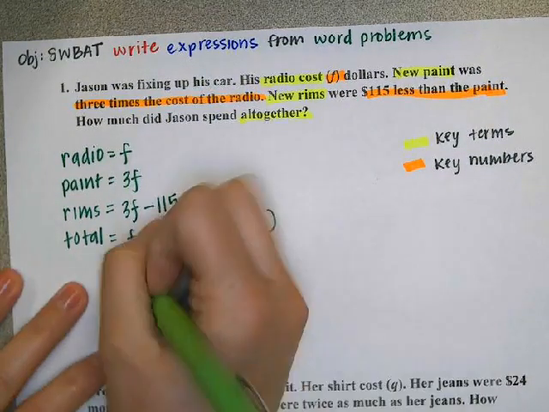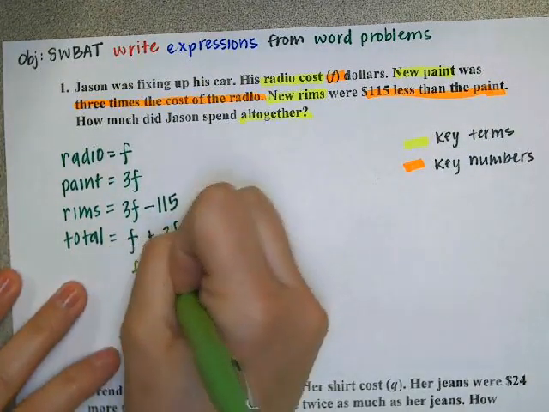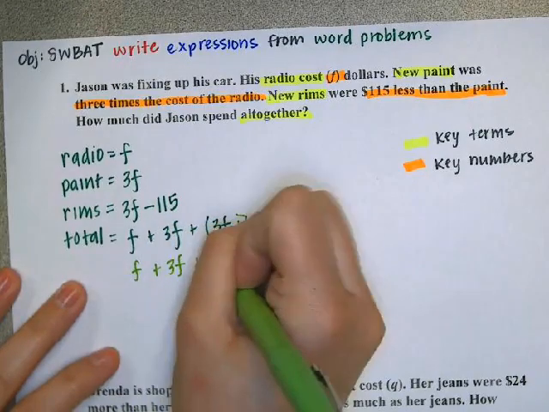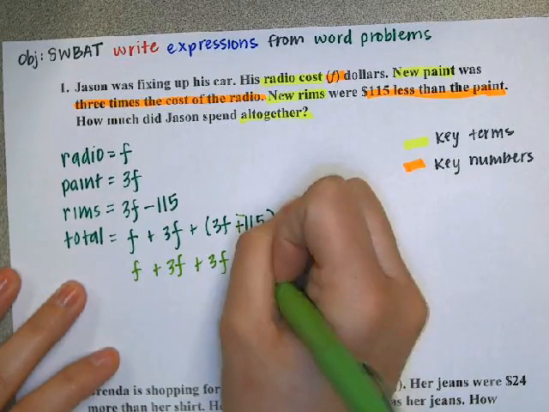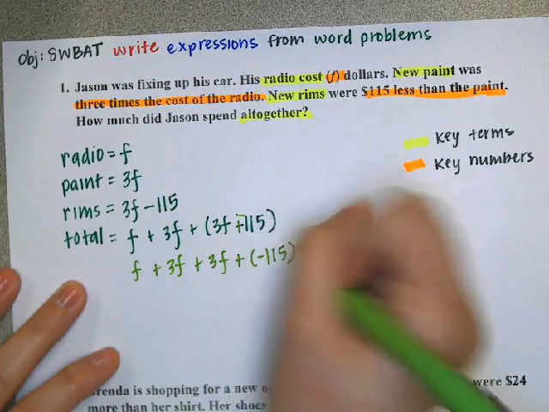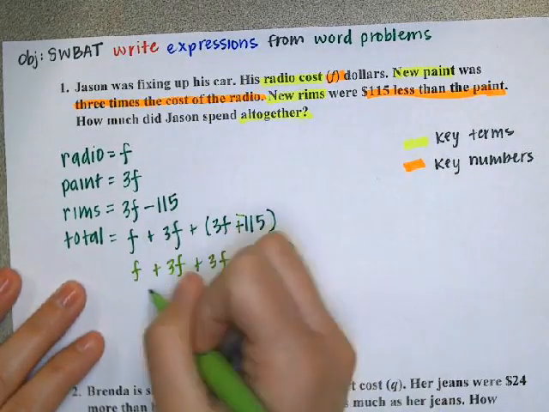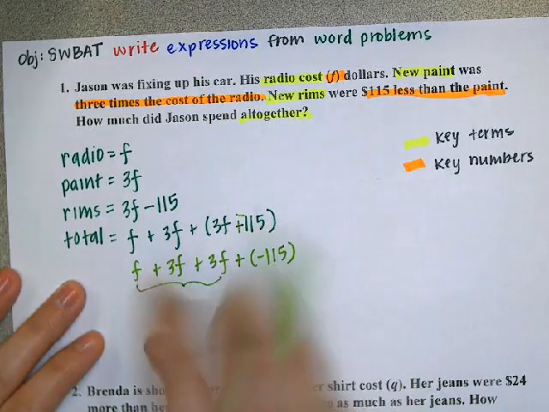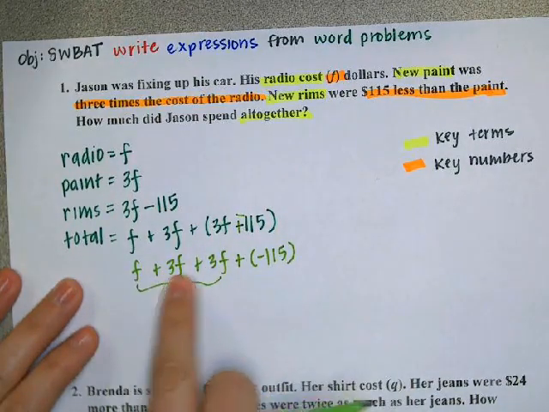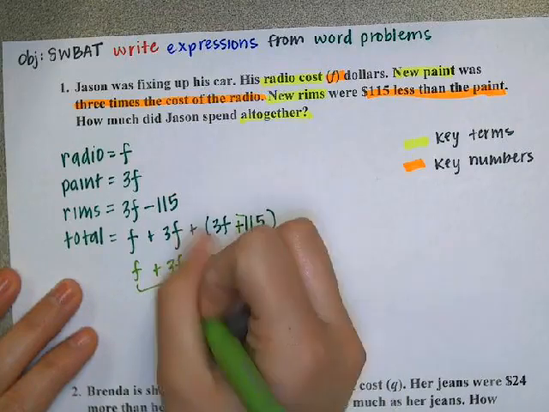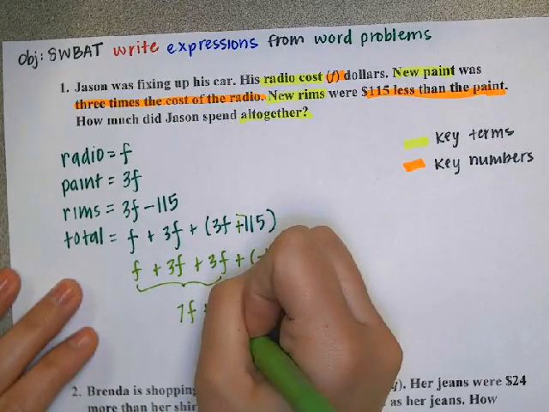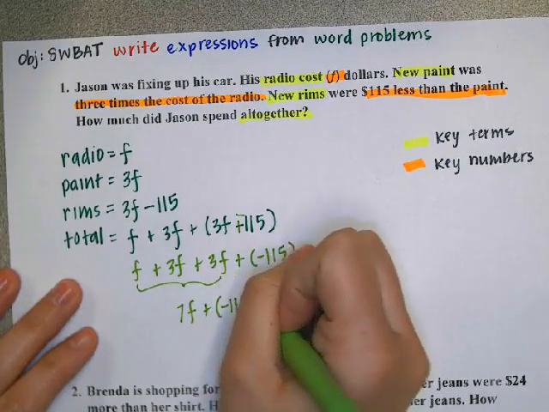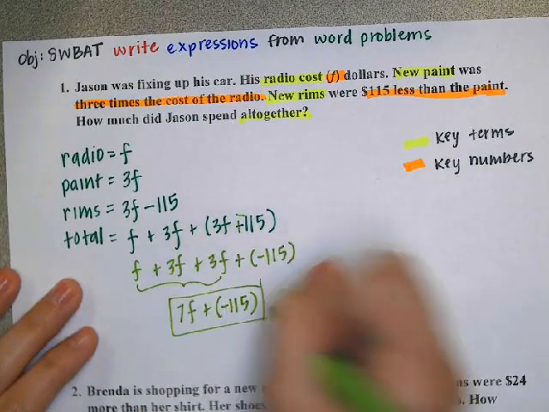So now I just have F plus 3F plus 3F plus negative 115. Everything is addition, so now I can drop the parentheses and keep it like this. I'm going to put all my F's together. I have 1 plus 3 plus 3, which equals 7F plus a negative 115. And we can leave our answer like this.